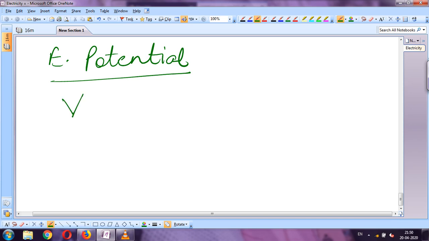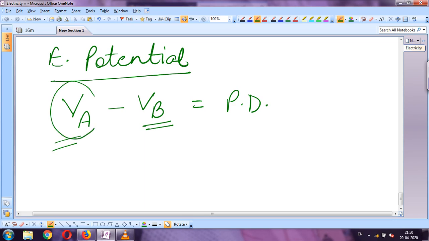We said that between any 2 points, like A and B, there was a potential difference. Then remember children, if between 2 points we were finding potential difference, that means we can say at each point there will be some potential, right? So that only is known as electric potential.